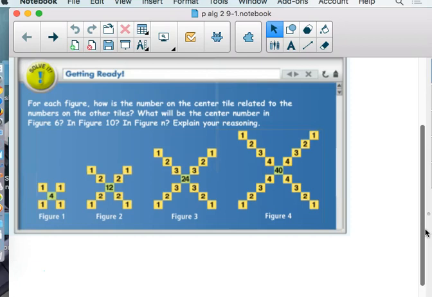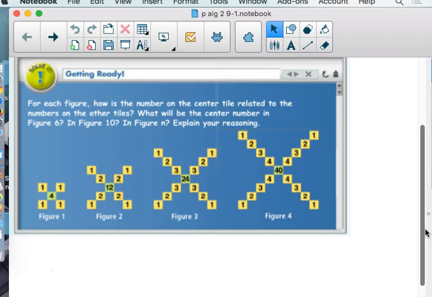I want you to look at figures 1, 2, 3, and 4, and think, how did they get the 4, 12, 24, and 40 in the middle there? How did that pattern happen? Raise your hand when you think you got it. Keep your hands up while everybody else is still looking.